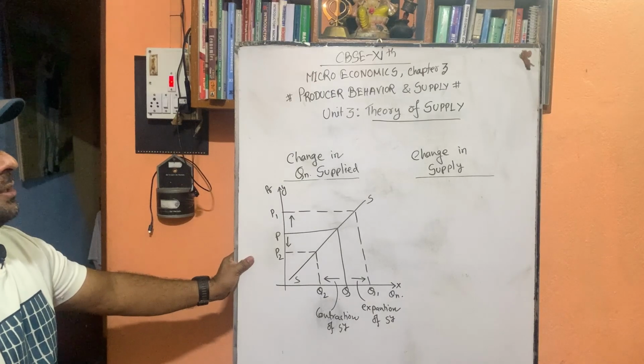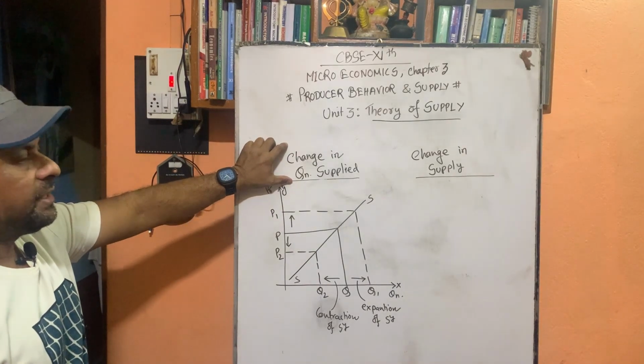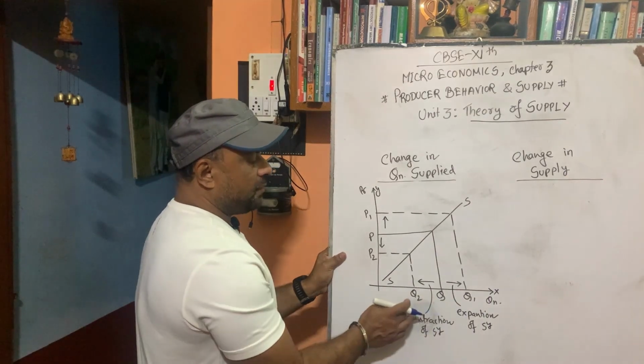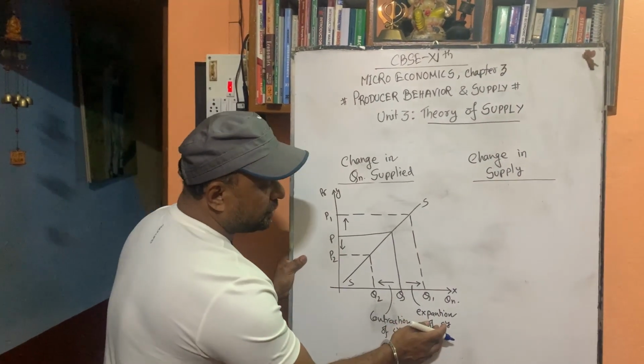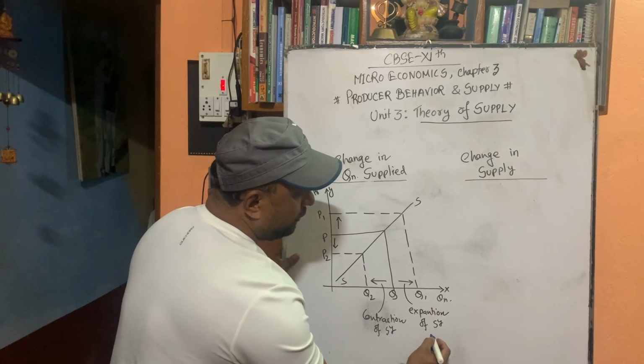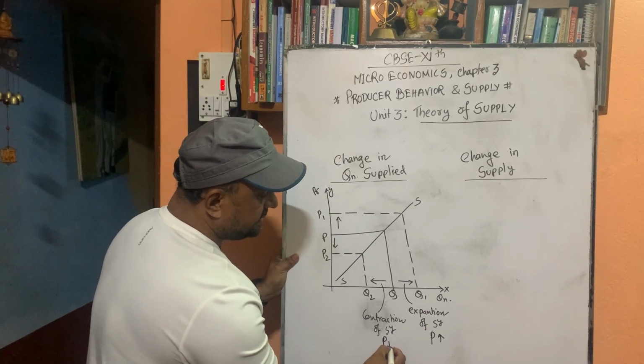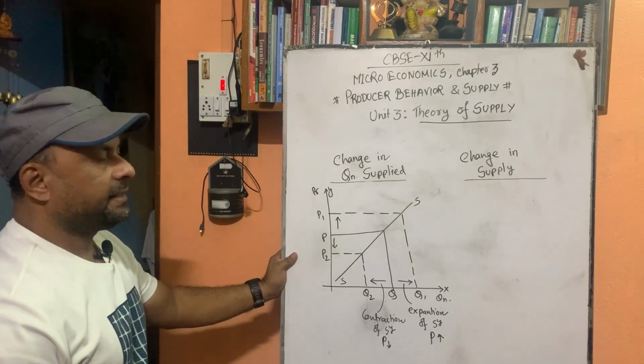Expansion and contraction. So when there is change in quantity supplied, there are two types. One is expansion of supply, one is contraction of supply. Expansion of supply happens when price increases, or when price decreases, supply decreases, then it is contraction.